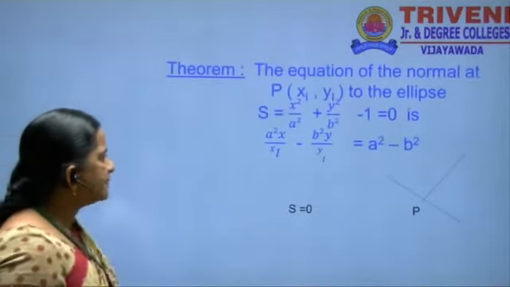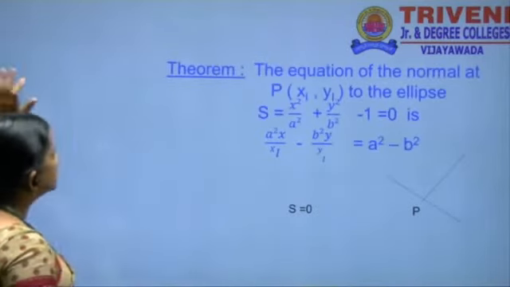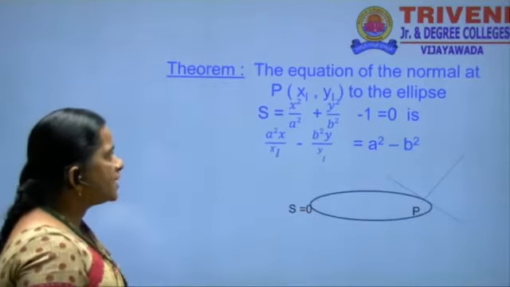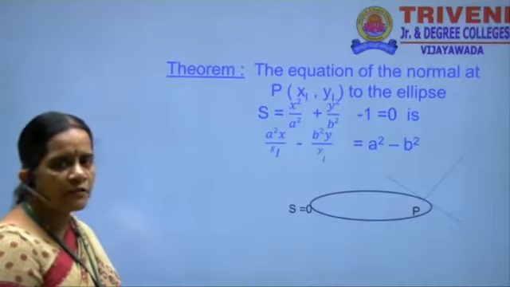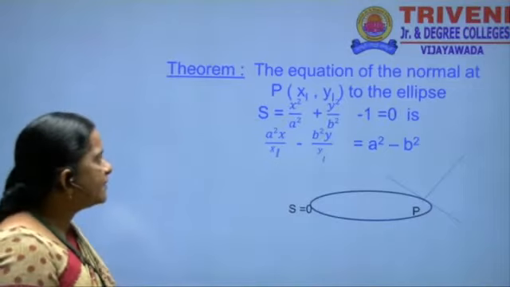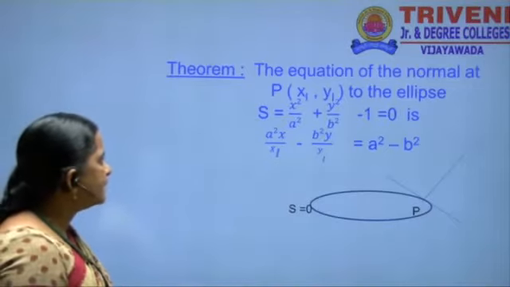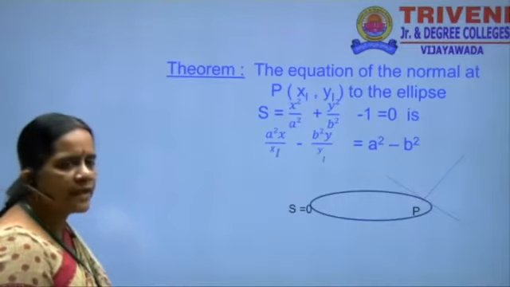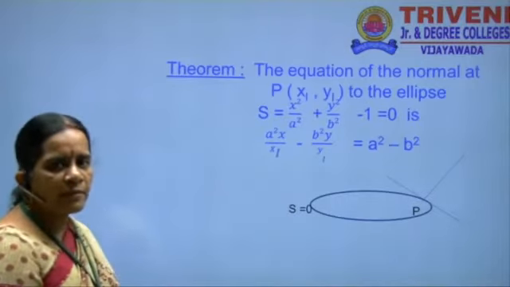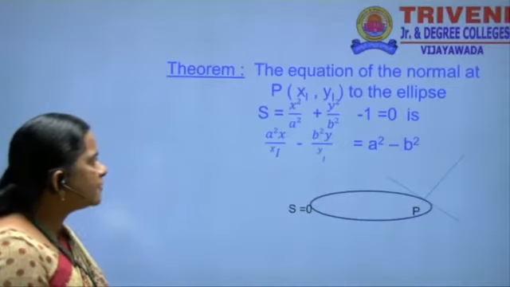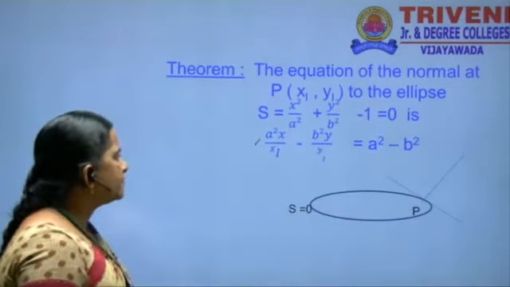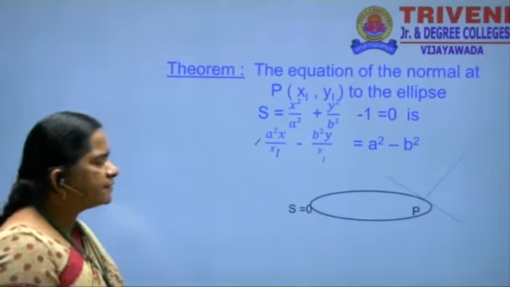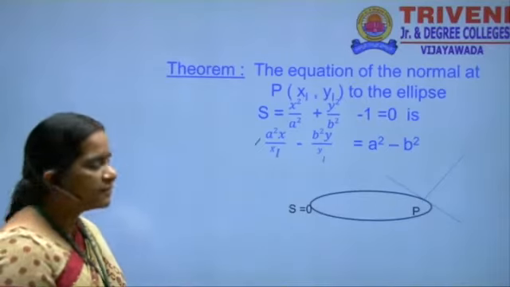Suppose one theorem is there: the equation of the normal at P(x1, y1) to the ellipse S = x square by a square plus y square by b square minus 1 is equal to 0 is a square x by x1 minus b square y by y1 is equal to a square minus b square.